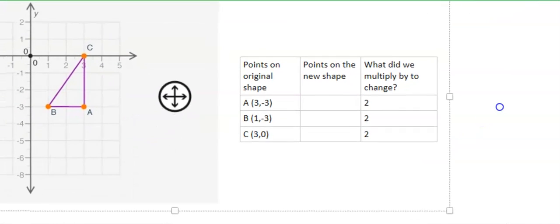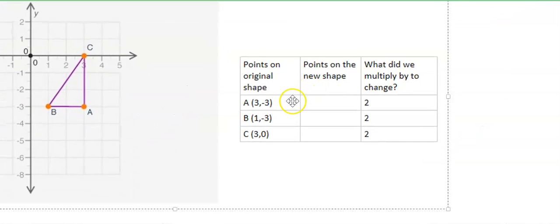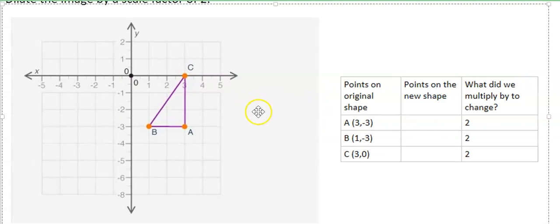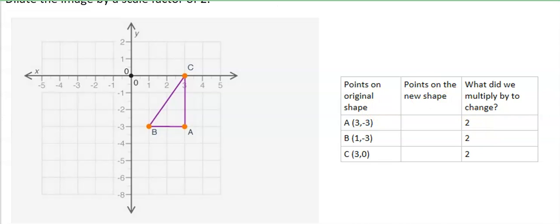So if I zoom in here, A is at 3, negative 3. And my point on the new shape, I need to multiply this by 2. Well, 3 times 2 is 6. And negative 3 times 2 is a negative 6.